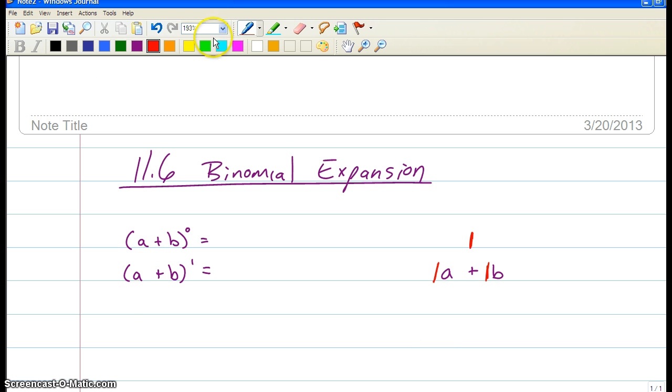Okay? Then we're going to do a plus b to the second power. Don't say a squared plus b squared, please. It's a squared plus 2ab plus b squared.